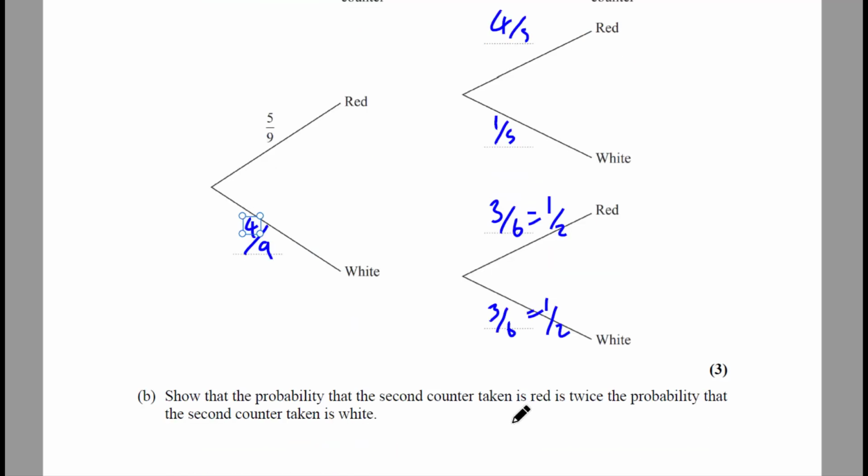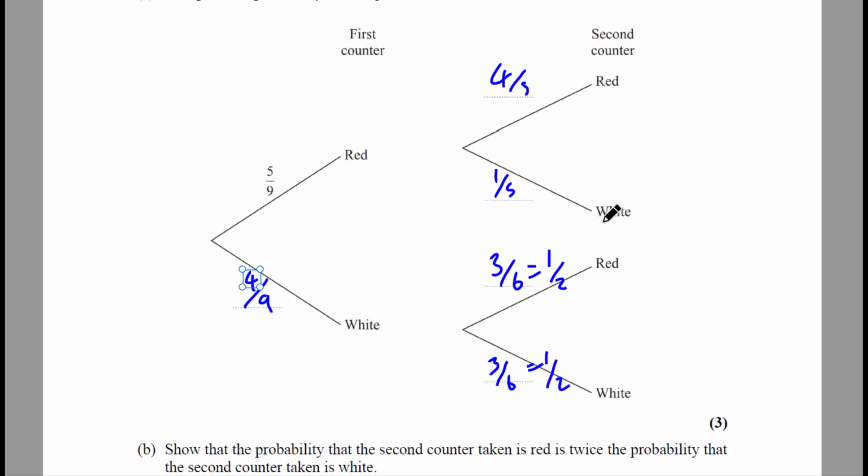Right, so part B says, show that the probability that the second counter taken is red is twice the probability that the second counter taken is white. Just need to work out the probability when the second counter is red, so that's 5 over 9 times 4 over 5, which is 20 over 45.